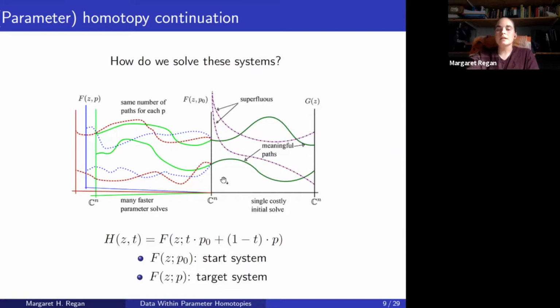And so what we did with this initial step is we got rid of any paths that aren't going to impact our solution set at f of z at p0. Any solutions that go off to infinity, any solutions that become singular. And what this does is that it creates the ability to only track the well-behaved paths, the non-singular isolated solutions for each different parameter value that we have. And these are much less costly.